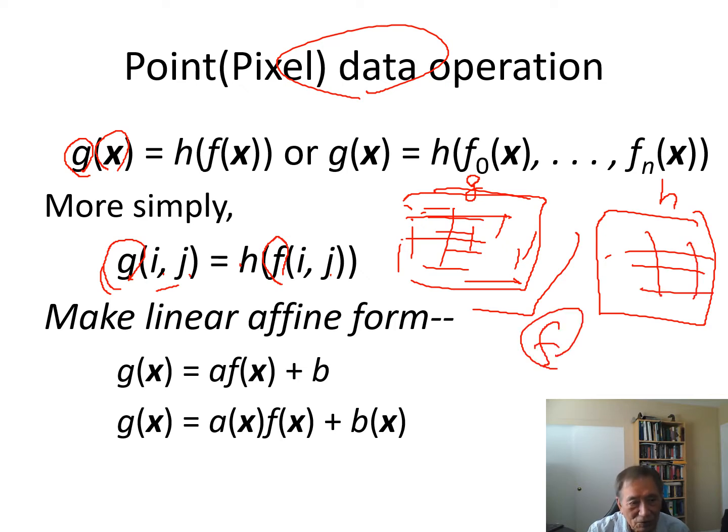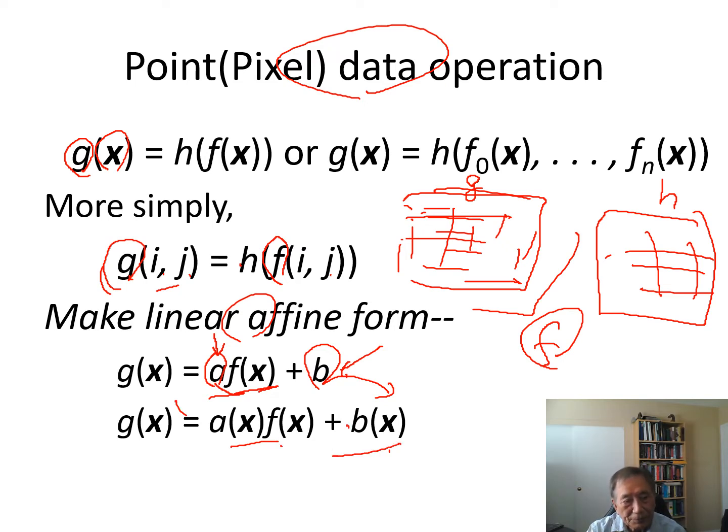That function can be a very simple function. Very often the affine form is that you have a multiplier and some kind of adder, or additive component. Or you can have the additive component also be a function of the variable.